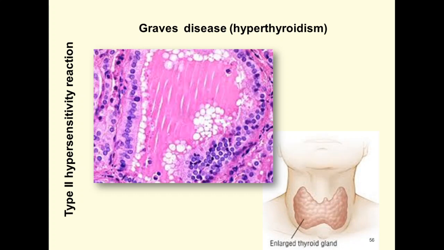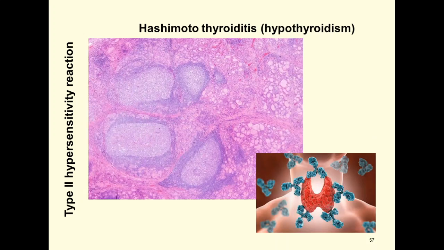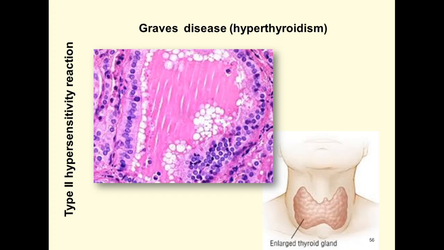Both of them are characterized by a problem with the thyroid gland, but Graves' disease leads to hyperthyroidism, and Hashimoto thyroiditis finally leads to hypothyroidism. So both of them are the second type of hypersensitivity reaction.